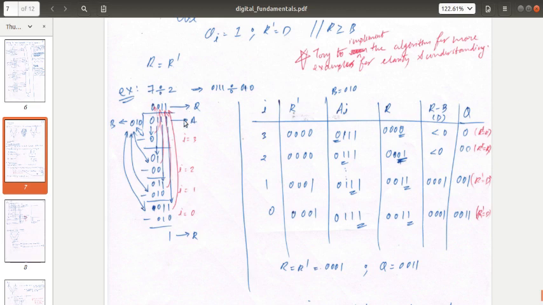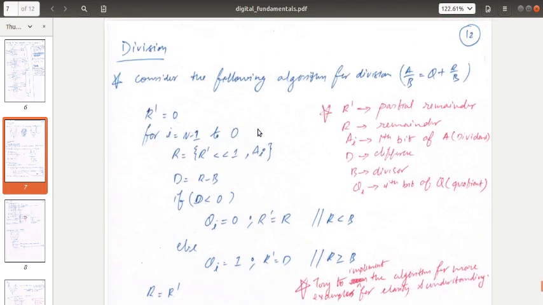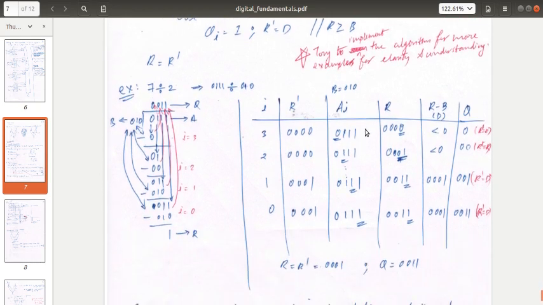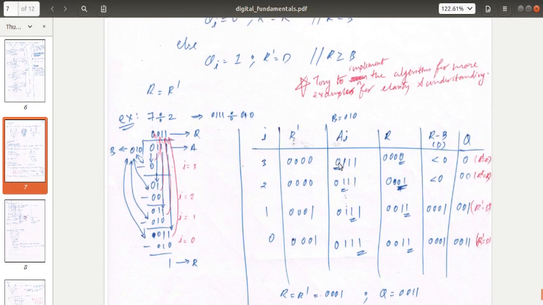So again, A is 7, 0 1 1 1, B is 2, 0 1 0, right? We write it like the long division method. So for the first run, R equal to 0, right? Here I am always writing the whole A, but I have underlined the ith bit for the current looping. So here AI is 0.